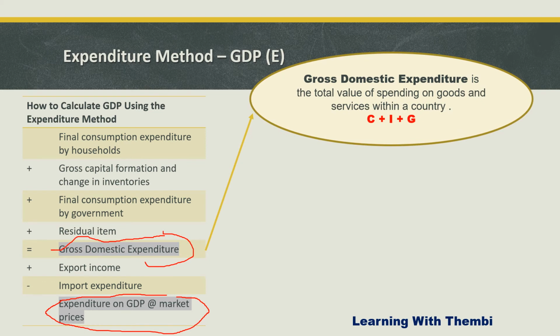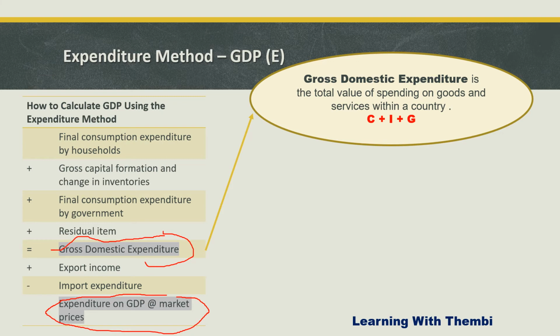So this is the expenditure which has been made by the participants in the closed economy. So this excludes any expenditure that could have been made in the foreign sector, be it through exports or through imports.